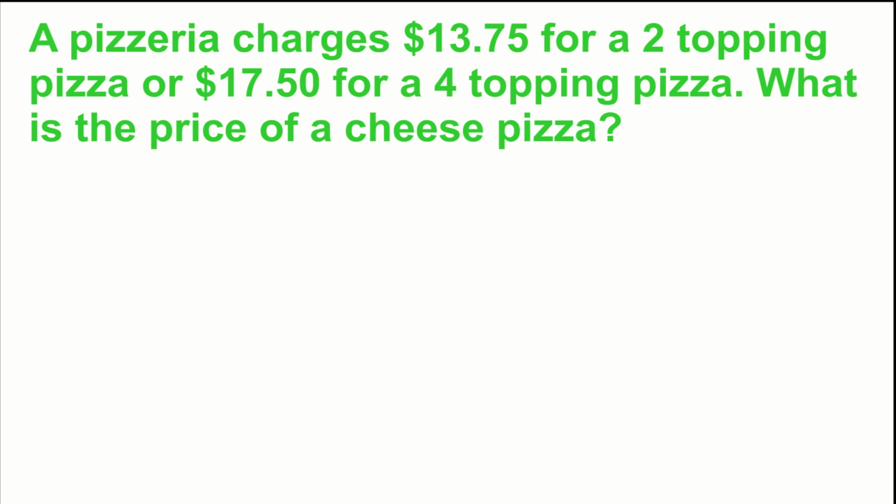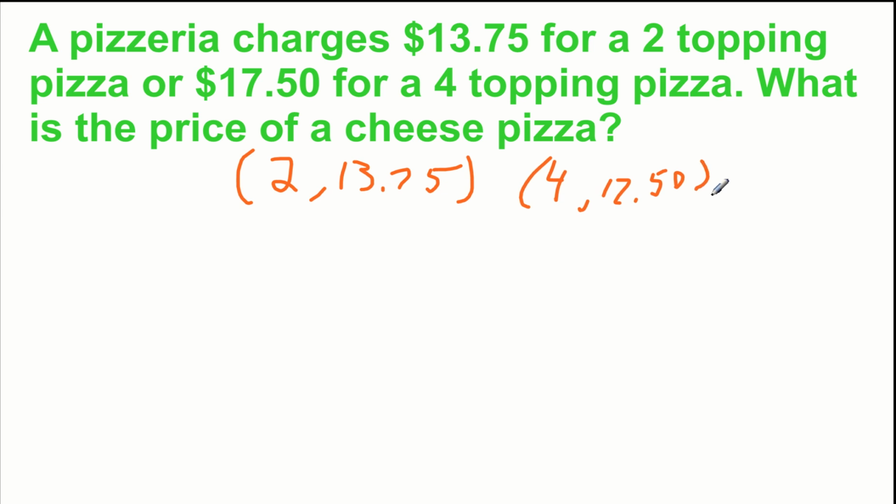Zay, what you got? Yeah. All right, so again, money is going to be our y value. So we got 2 and 1375, and we got 4 and 1750. So we got changing y over changing x.